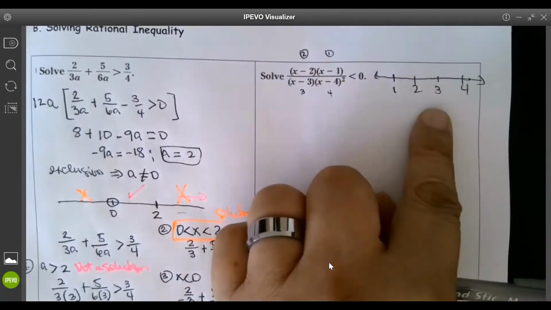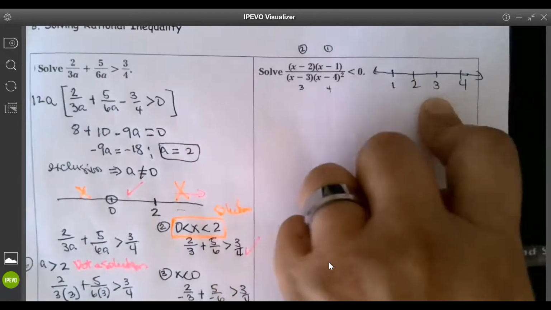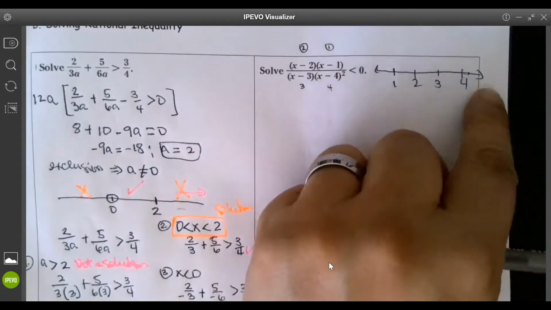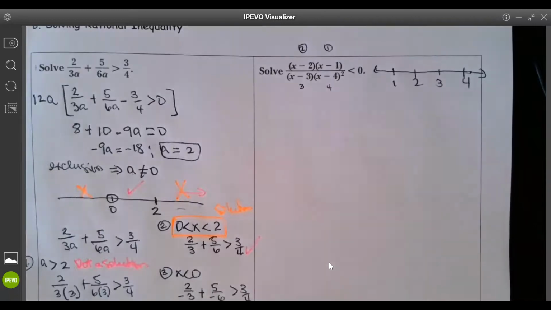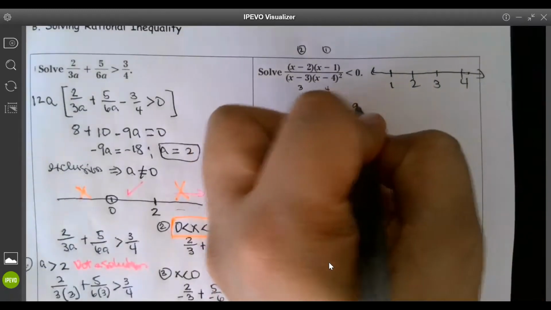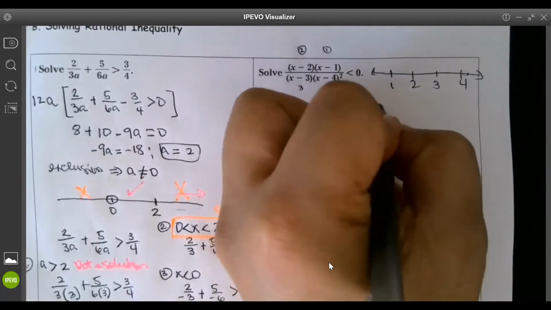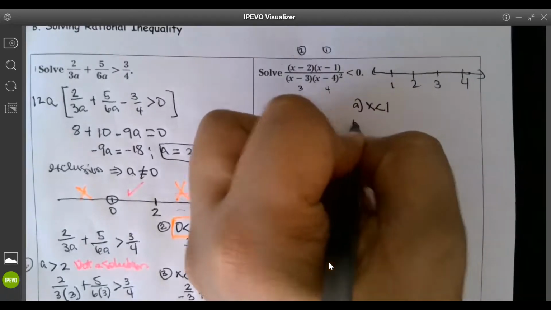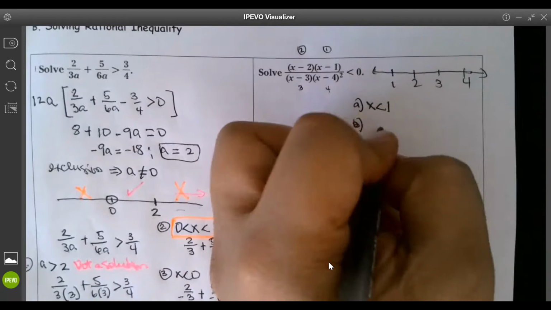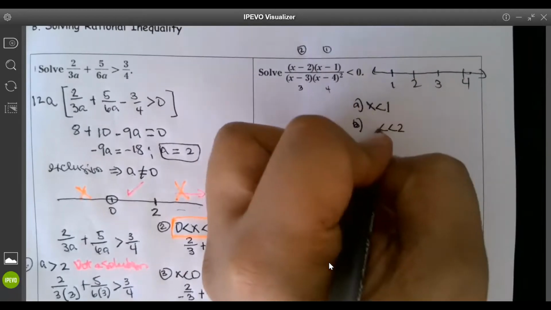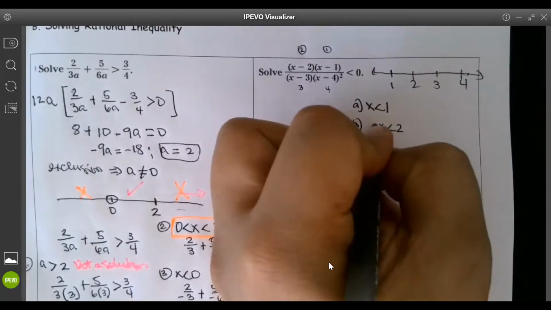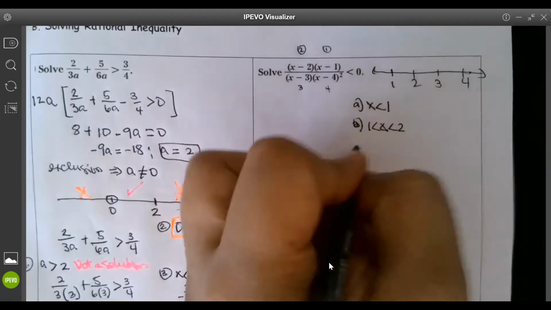Now, which one is the solution? There are possible solutions here. A is x less than 1. B is x less than 2, greater than 1.